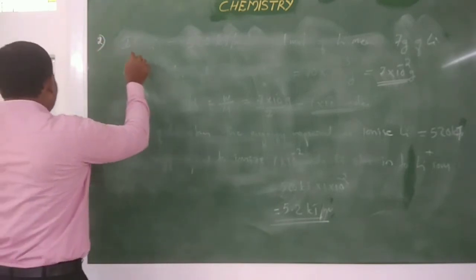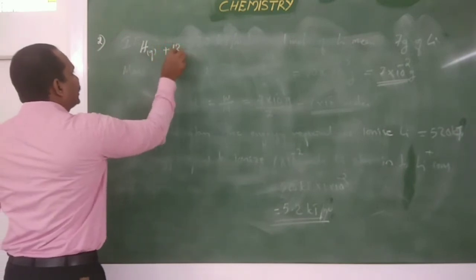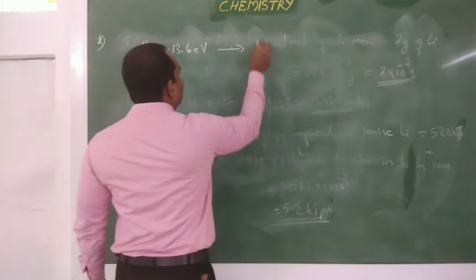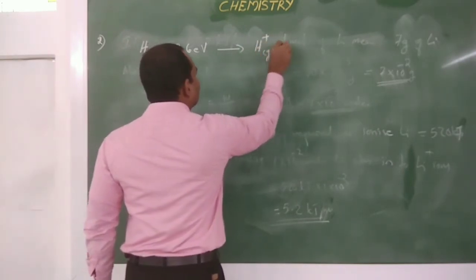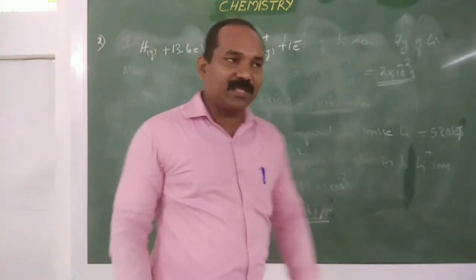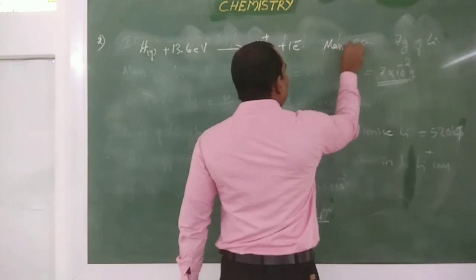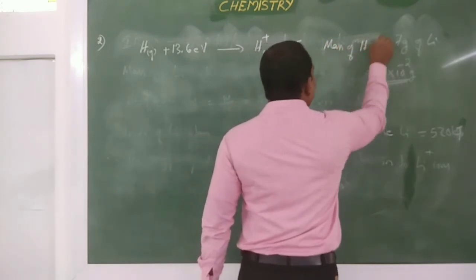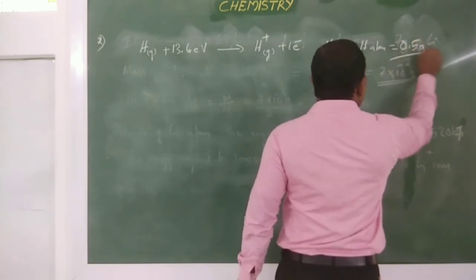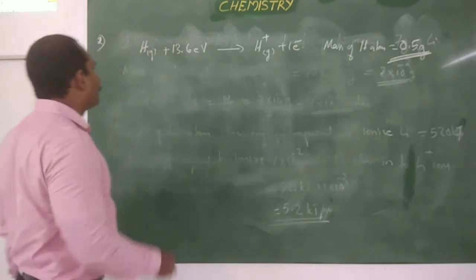So second problem: hydrogen gas plus 13.6 electron volt gives hydrogen plus gas plus 1 electron. The data is given, and the mass of hydrogen is also given. Mass of hydrogen atoms is equal to 0.5 gram.